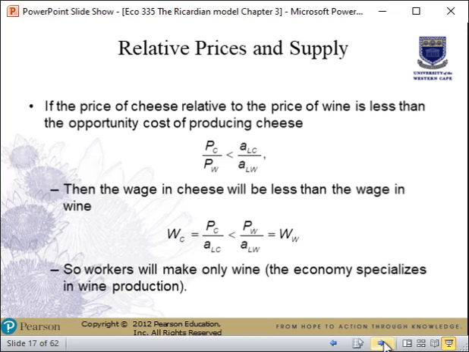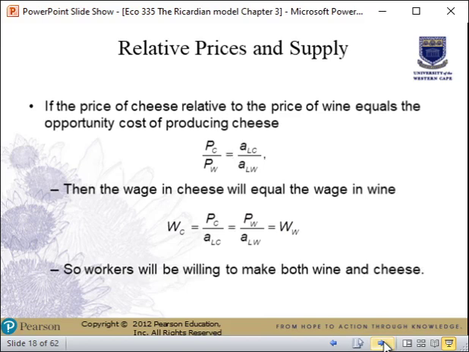Alternatively, if the price of cheese in terms of the price of wine is less than the opportunity cost of producing cheese, then the wages in the wine sector will be higher than the wages in the cheese sector. Then workers will choose to produce wine only. Thus, the economy will specialize in wine production.